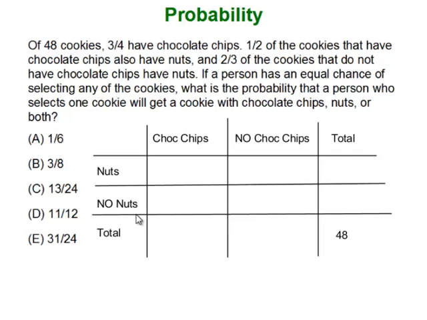The big thing that the double set matrix has going for it that the Venn diagram does not is a place to keep track of a total. In the Venn diagram, you have to look in all the little sections of the circle and set up a formula for your total. But this gives us a place to capture the grand total of 48 cookies, and also some subtotals too.